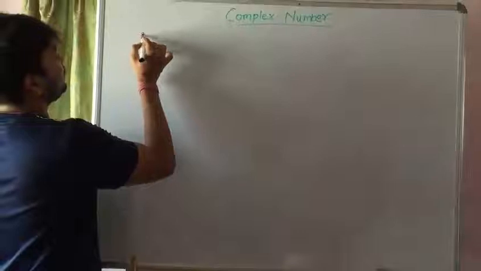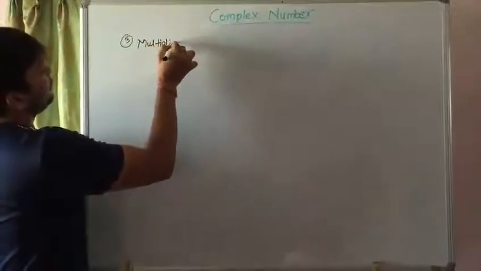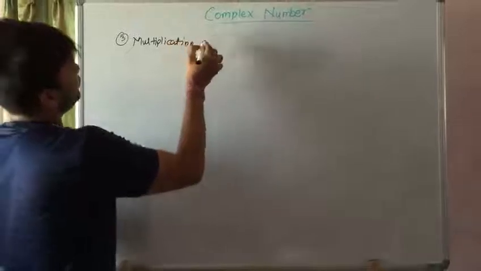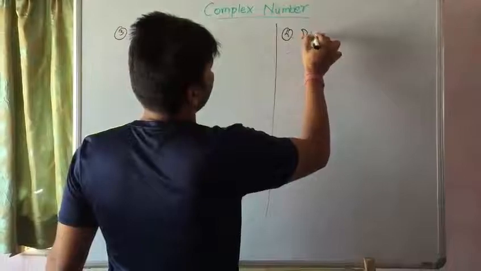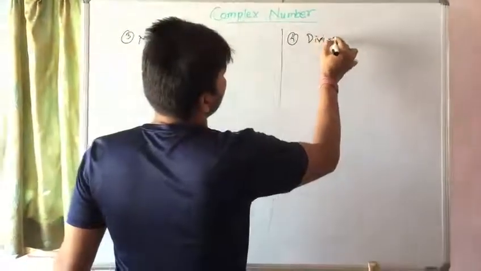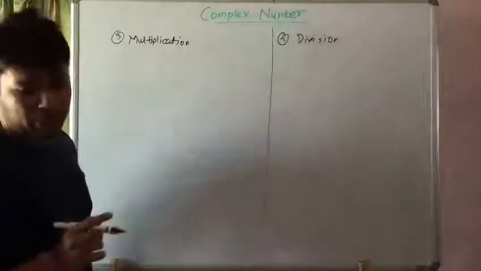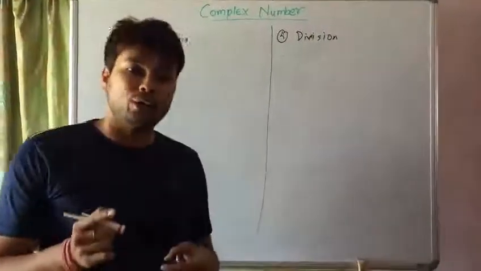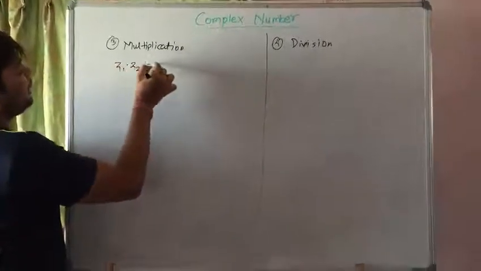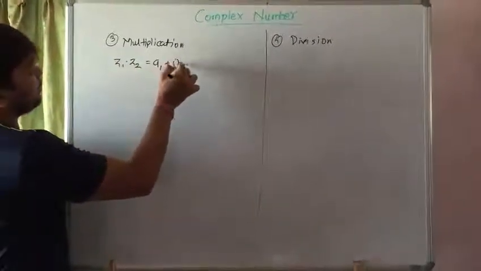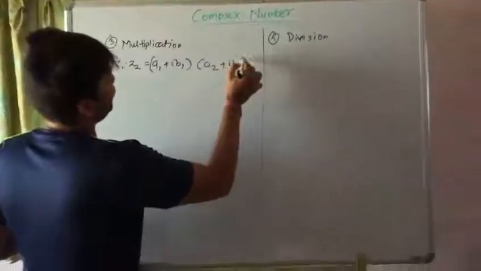The third one is multiplication and the fourth one is division. If we multiply two complex numbers, that is z1 into z2, then it will be a1 plus ib1 in one bracket, and another bracket a2 plus ib2.